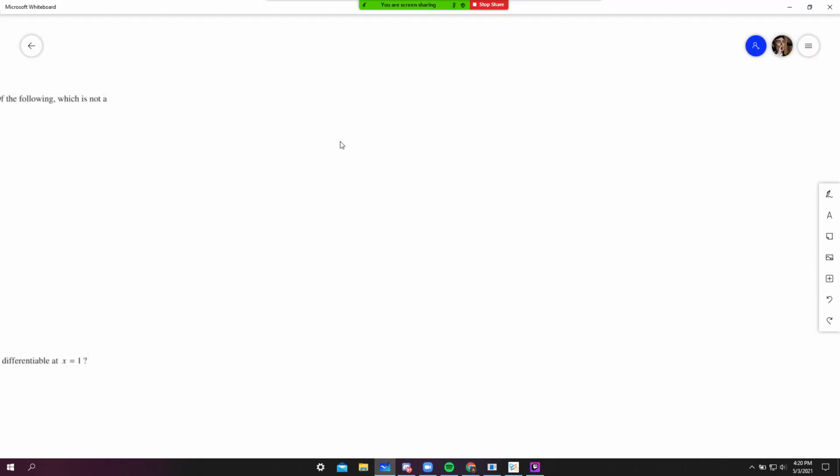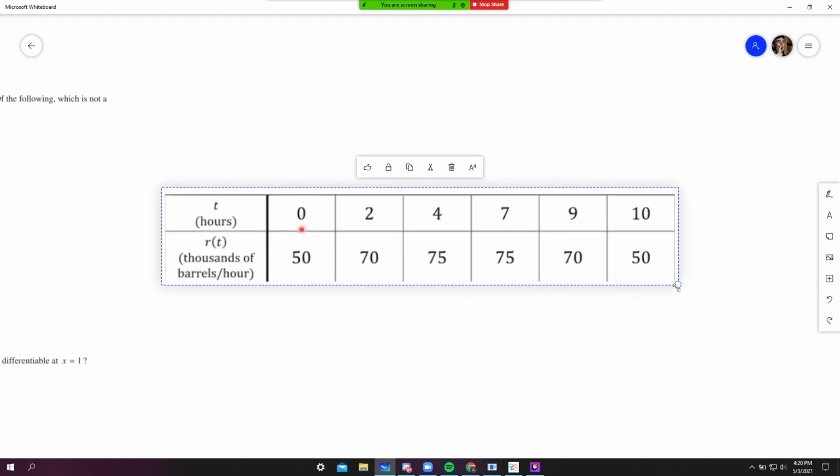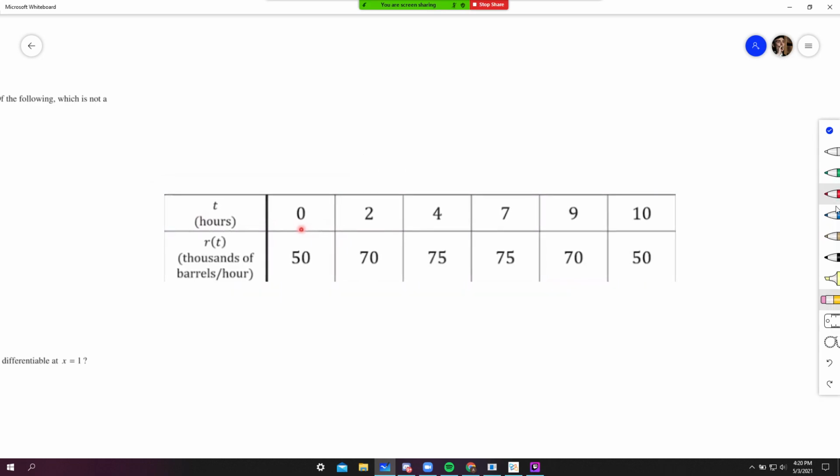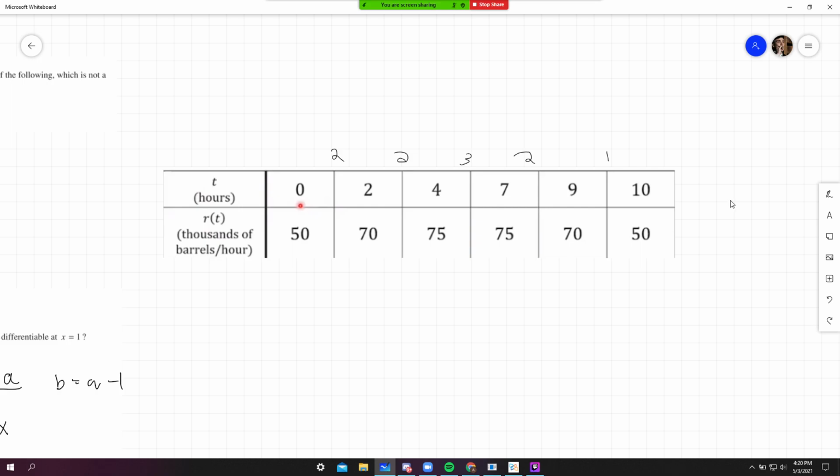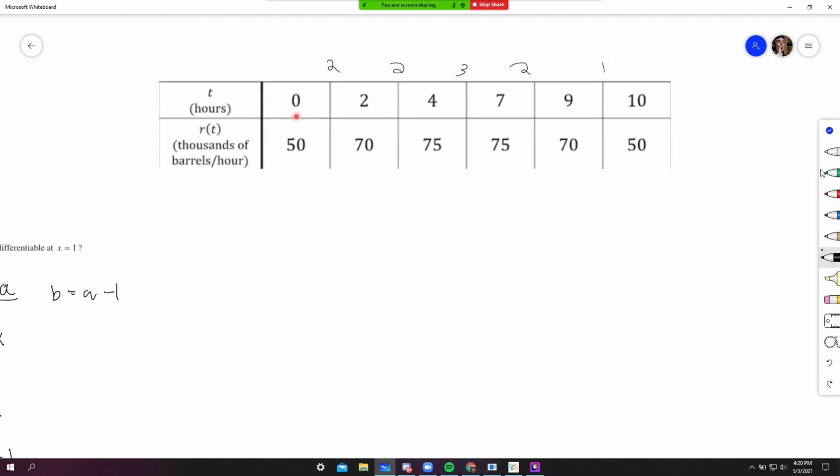If you want to find the trapezoidal sums, delta x is not always constant. It's 2 here, 2 here, 3 here, 2 here, 1 here. So what you have to do is just find the area of each of the individual ones.